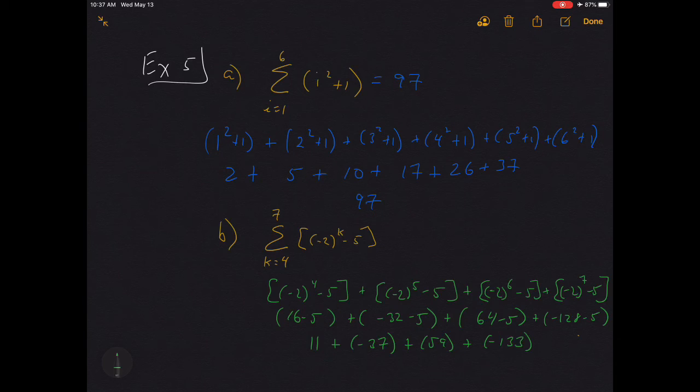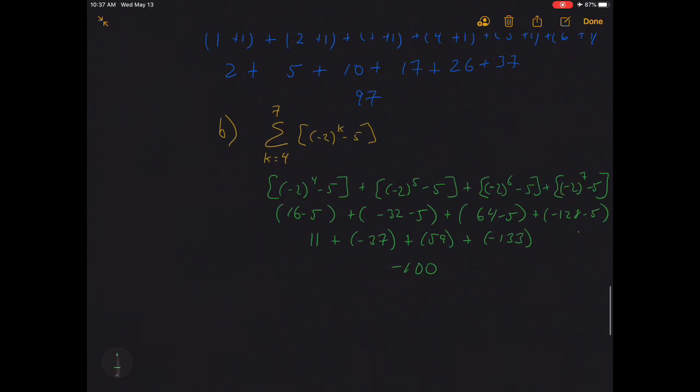And if we add all of those things up right there, we are actually going to get negative 100. Actually kind of works out nice. So there's your sum, but this is the sum when k started with 4 and only went up to 7. So we only actually had 4 terms that we had to deal with there, although they created some slightly bigger numbers. Okay, one more example, and then we're actually going to be done with this section.